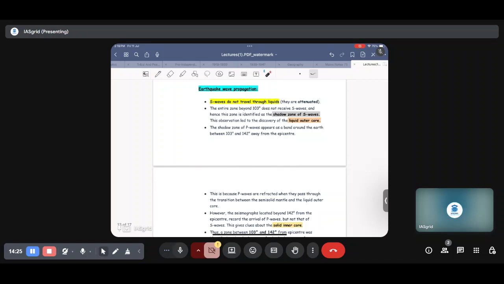And then I get into the theory of this. See, it draws a map of the regions where S waves are found and the regions where P waves are found. Obviously, P waves can travel through liquid also.